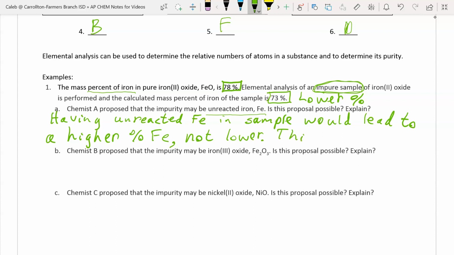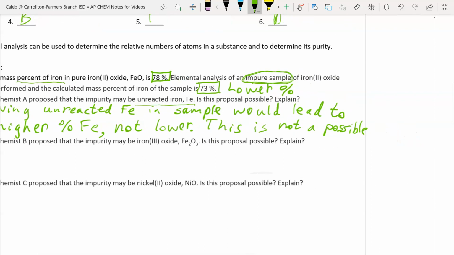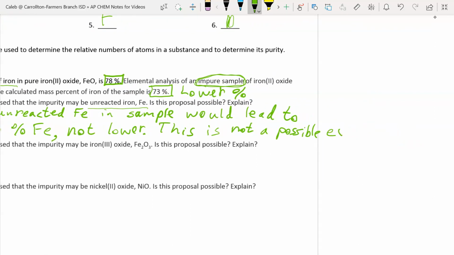So this explanation is not possible. It's not a good explanation for it.